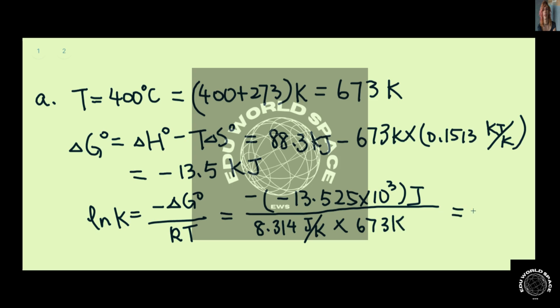This will be equal to 2.42. So K value will be equal to the pressure of CO2, and that will be about 11.2 atmospheres.